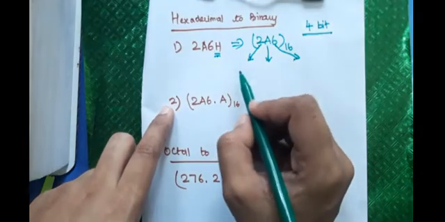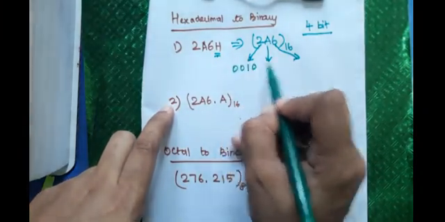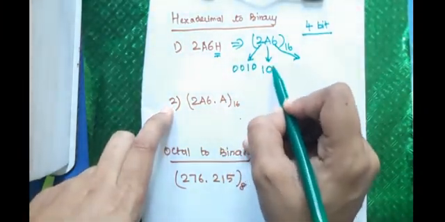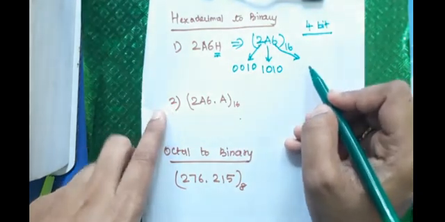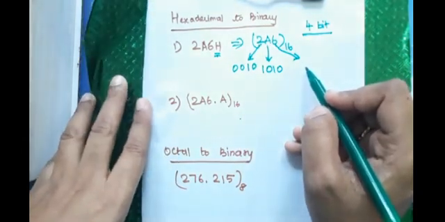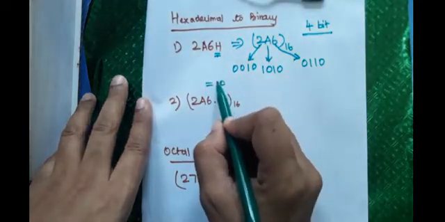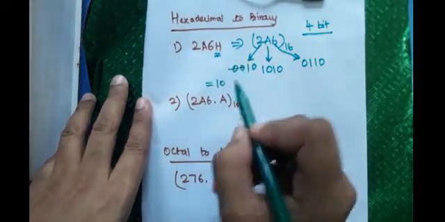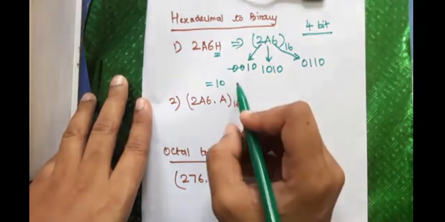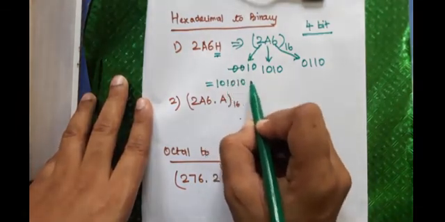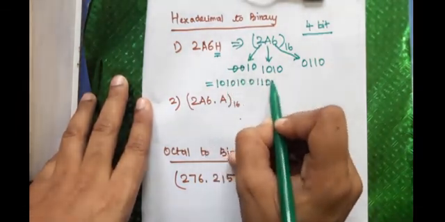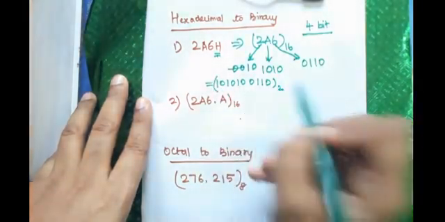So 2 can be written as 0010, A can be written as 1010 because it is equivalent to 10, and 6 can be written as 0110. So the answer is 10 1010 0110. These two bits are insignificant. It is not necessary to mention the base 2.